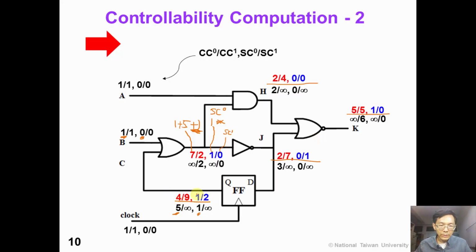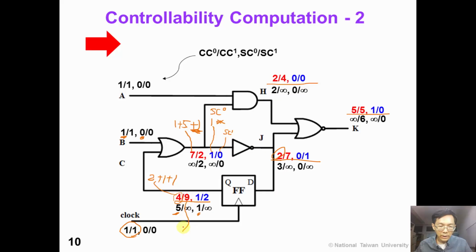So we can now update the flip-flop output Q values. CC0 is equal to CC0 of D, which is 2, plus CC0 and CC1 of clock, which is 1 plus 1. So we have 4.